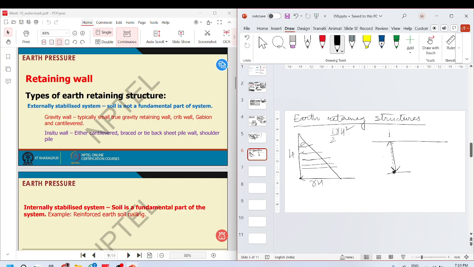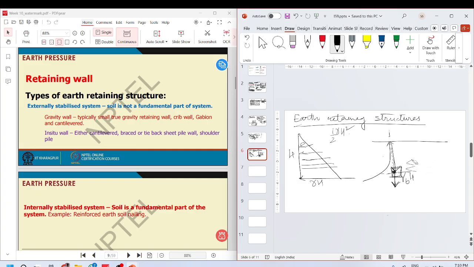So in this direction, we know that this will be gamma b times h. The load here will be gamma b times h. But what about, if I remove this, what will be the load acting in this direction? So obviously right now it is in equilibrium, but I want to understand how much.